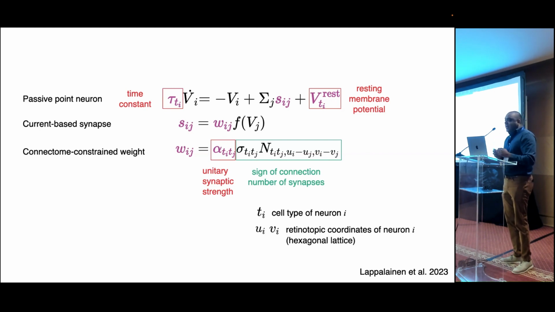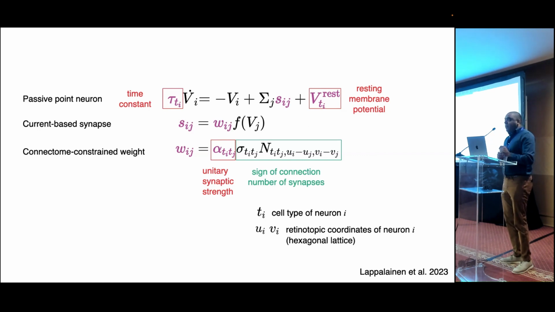So N is the number of synapses between that pair of neurons, and sigma is a sign, which, I already told you, we had some way of measuring also from a dead weight. So the parts in green come directly from the connectome, or the augmented connectome if you add in the signs. And these parameters in red are the parameters that we now need to have some way of figuring out in order to simulate this circuit.